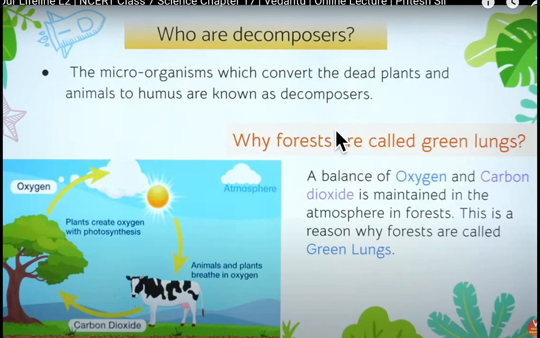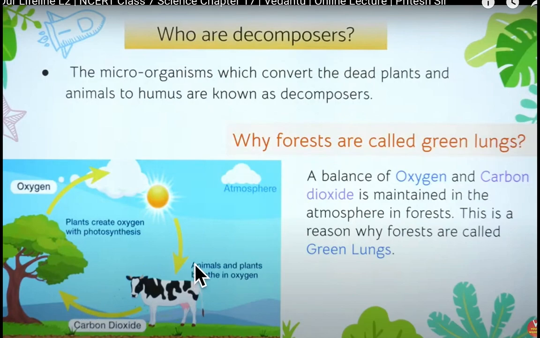One more important aspect of forests is that they are called green lungs. Why do we call them that? Because the balance of oxygen is maintained in the atmosphere by forests. That's why we call forests green lungs. How? In forests we have plants and trees. Trees give oxygen by photosynthesis. They absorb carbon dioxide.